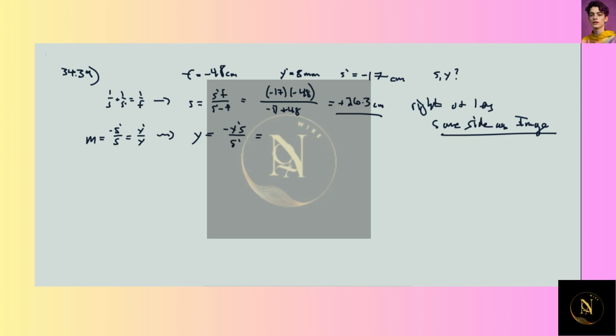If we plug all that in, we should see that this becomes 12.4 millimeters. And this is positive, so that means it's not inverted, it is erect. It's the same upright image. So now, yes, we have the image size and the image location.